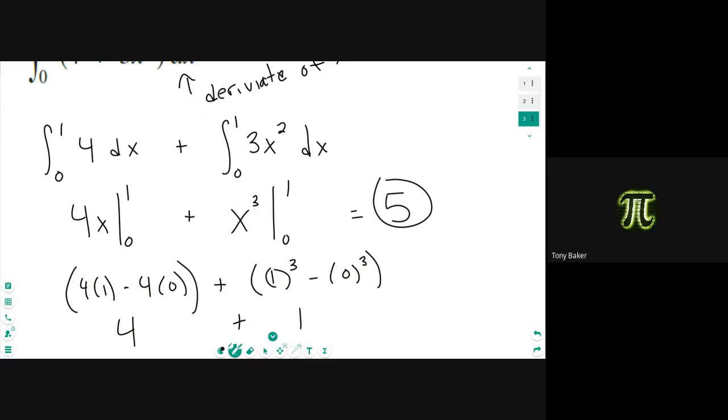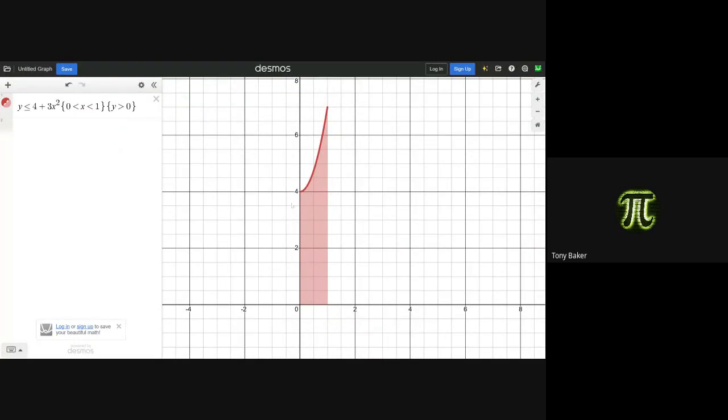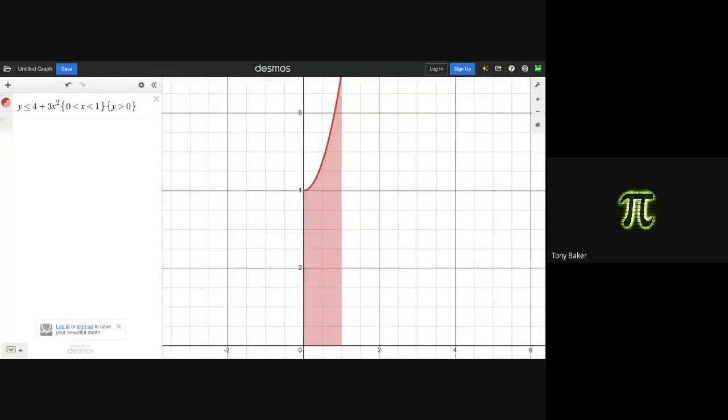So if we were to look at this as a graph, this is, in essence, what it's actually defining.